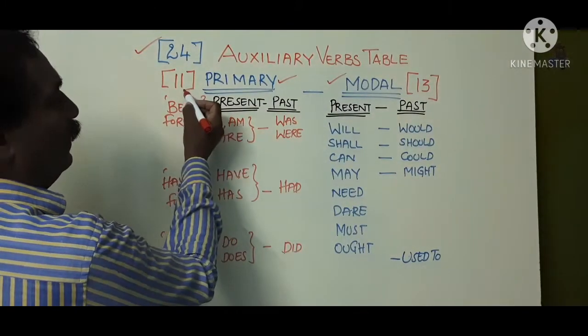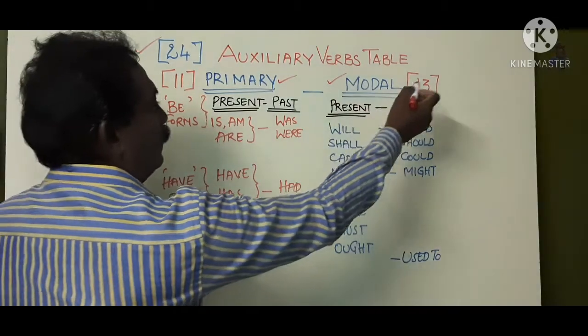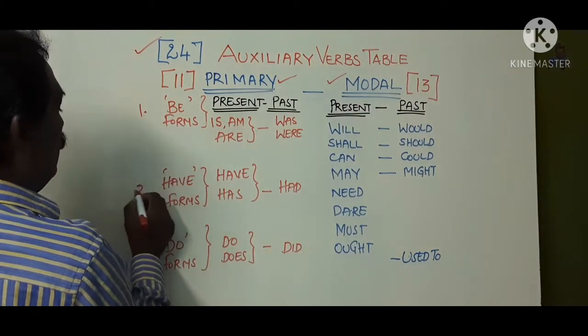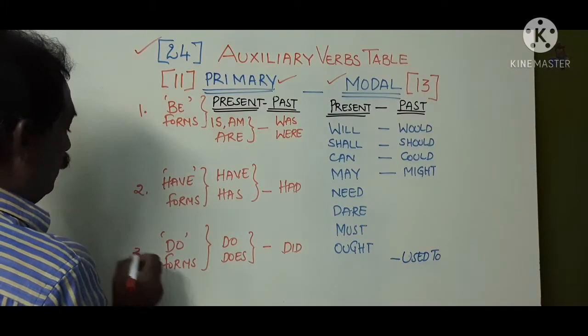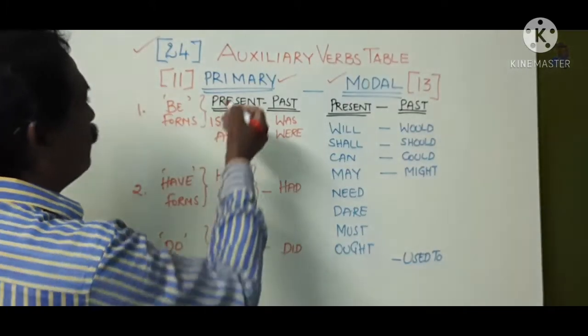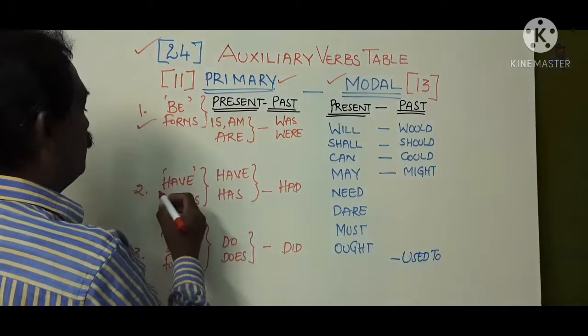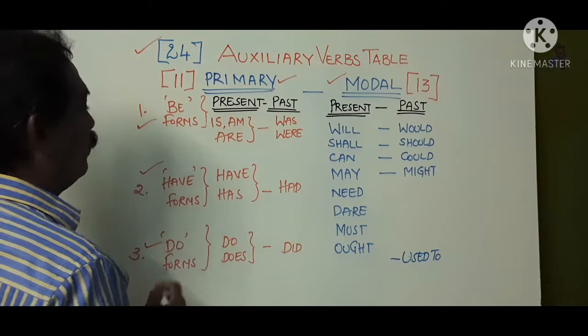These primary auxiliaries are further divided into three: first one be forms, second one have forms, third one do forms.